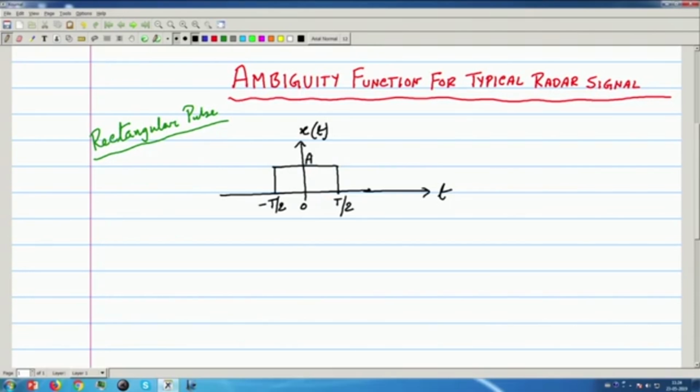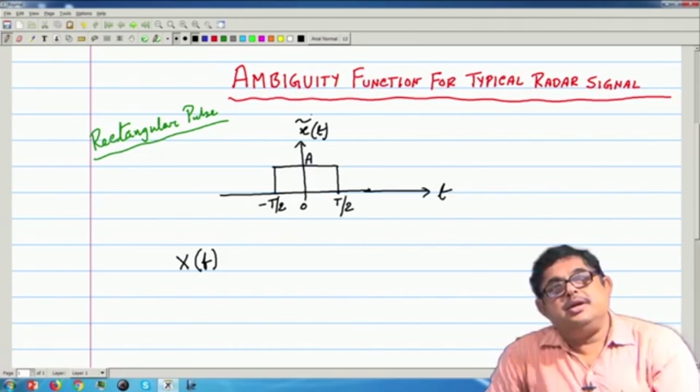Now, we can write this either in terms of the step function or something, that everyone will be able to do, but what is the Fourier transform of this? Let me say that this is the complex envelope x(t), because the actual x(t) is band pass.